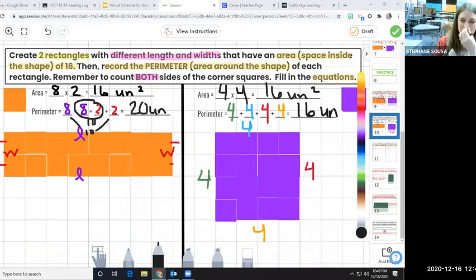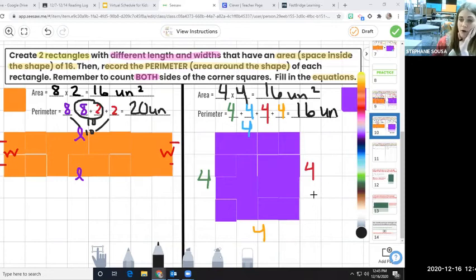Alrighty, I am sharing my screen with you with the equations, the formulas that your group should have come up with. The other way to create a rectangle that will fit inside of this space is 4 times 4 equals 16.